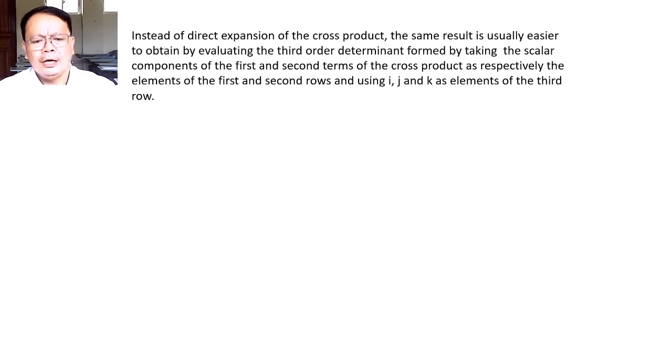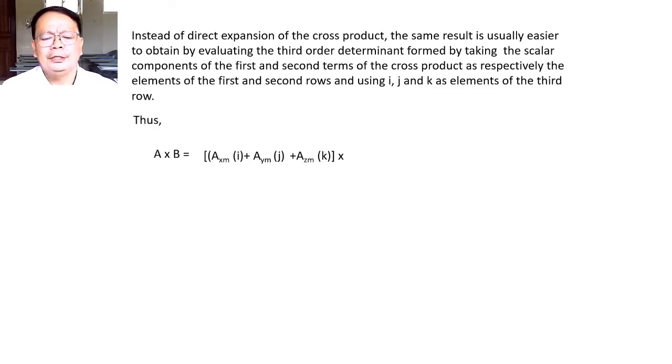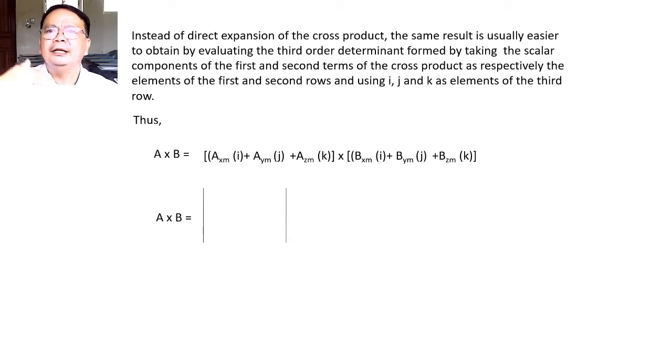How are we going to show this? Let's go back to the definition. This is the definition of the cross product. That is, A cross B shall be equal to AXMI plus AYMJ plus AZMK cross BXMI plus BYMJ plus BZMK. To define the determinant, it should be the third order, meaning there should be three rows. How are we going to write the determinant?